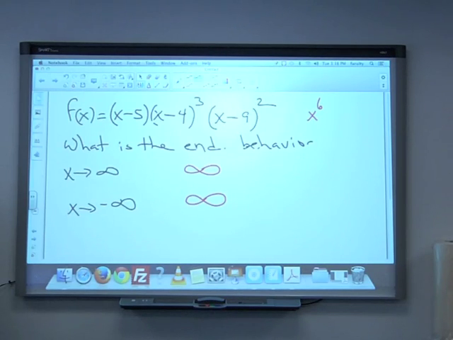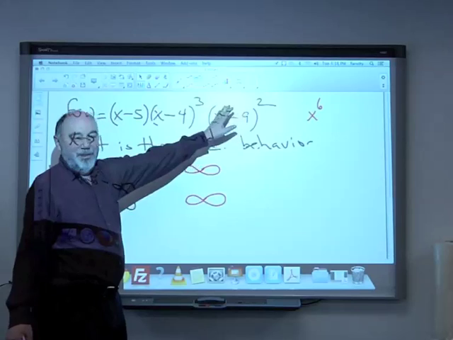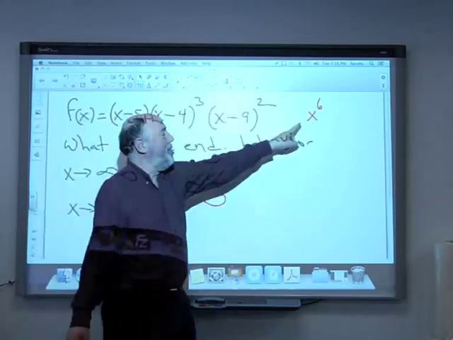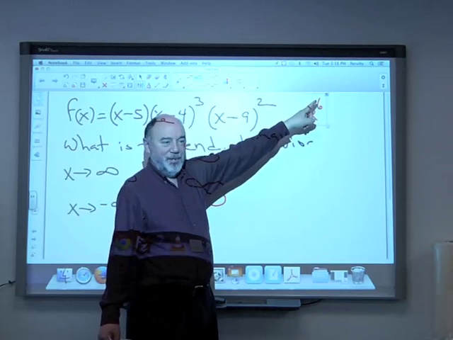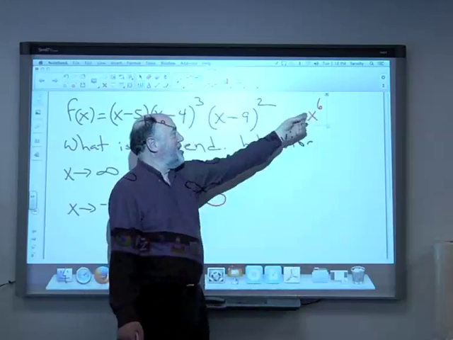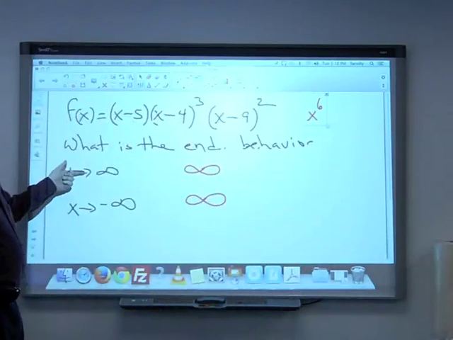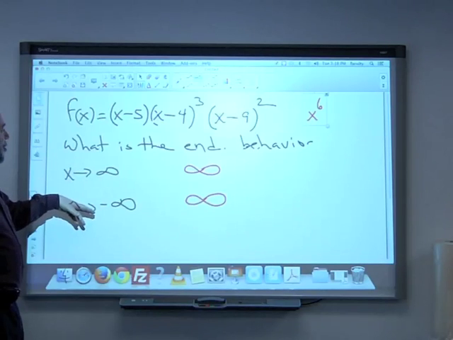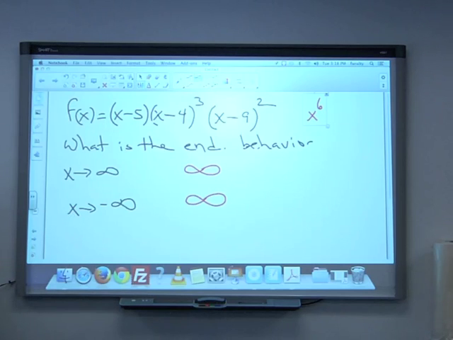That means that if I actually multiplied all this out, I would end up with an x to the 6th term. Well, if this is x to the 6th, then I know that when x goes to infinity and when x goes to negative infinity, both of these are heading off to infinity.